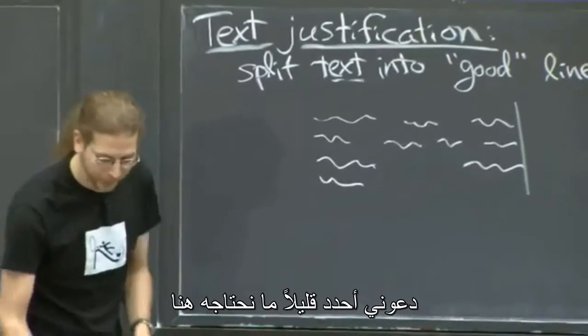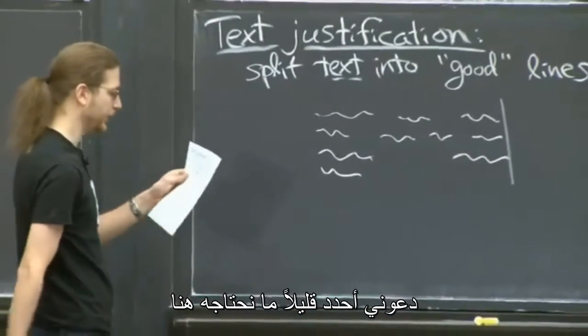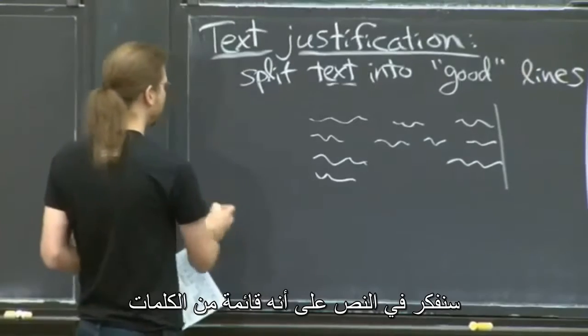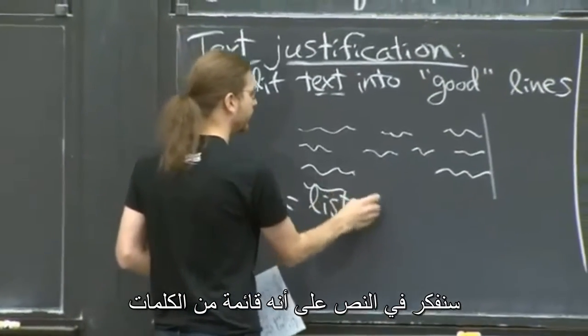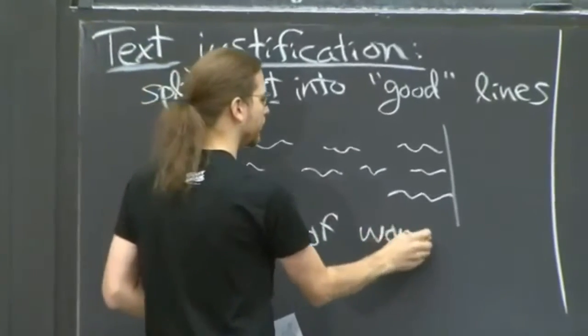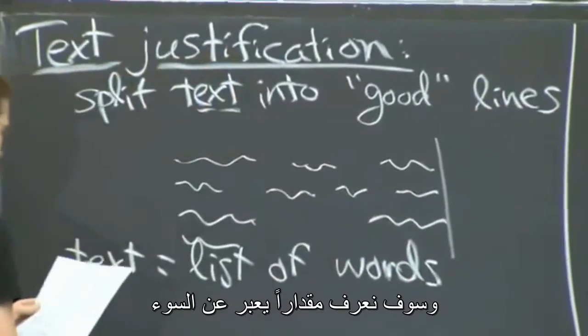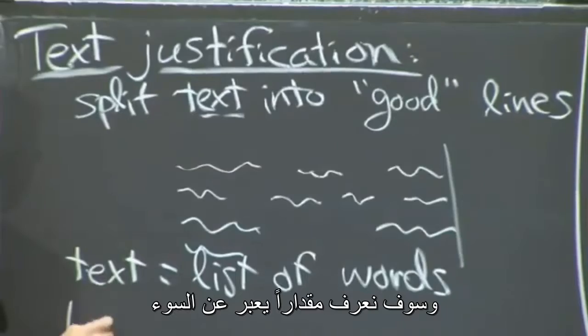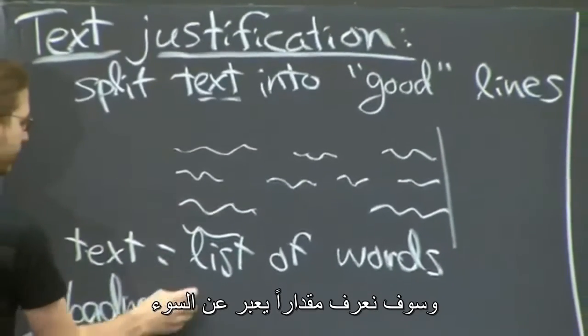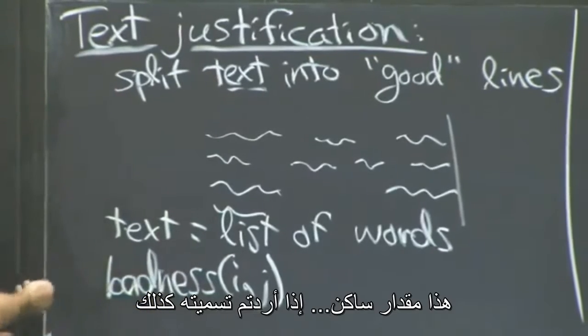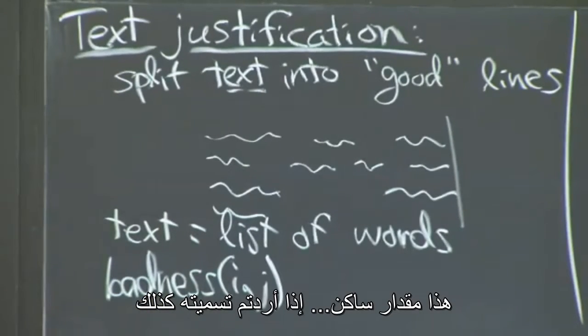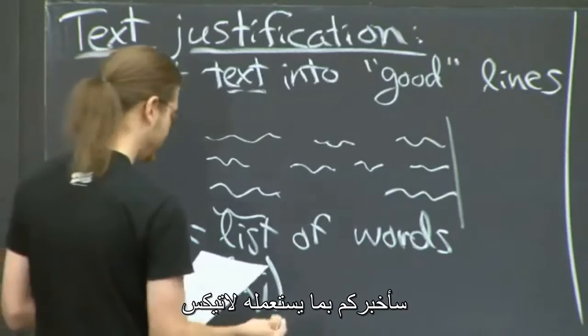So let me specify a little bit more about what we mean here. The text we're going to think of as a list of words. And we're going to define a quantity called badness. This is an aesthetic quantity, if you will. I'm going to tell you what LaTeX uses.